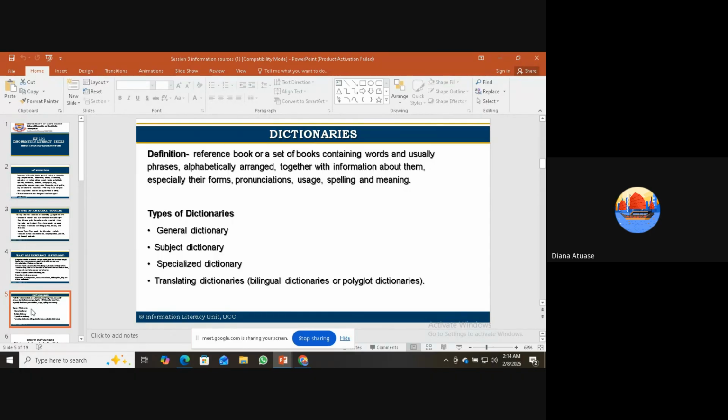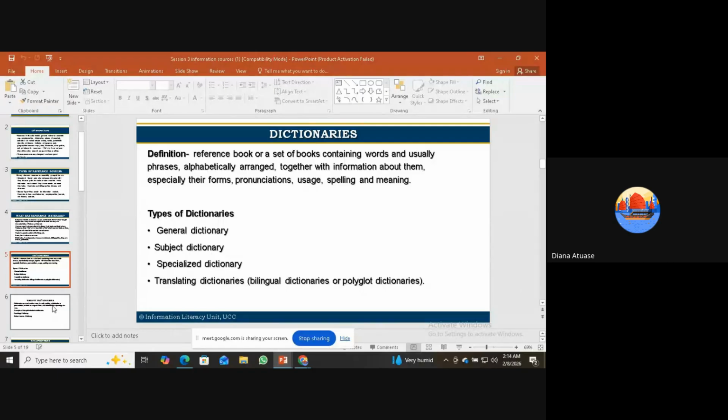Let's say the medical profession, law, and the rest, they have specialized dictionaries. Then we have translation dictionaries, which contain so many languages. So you can get one word and it can be translated from English to Arabic to maybe Spanish and others. They call them translating dictionaries.